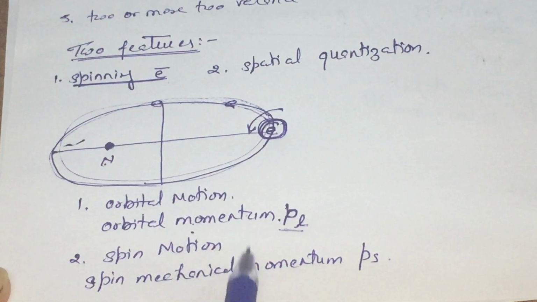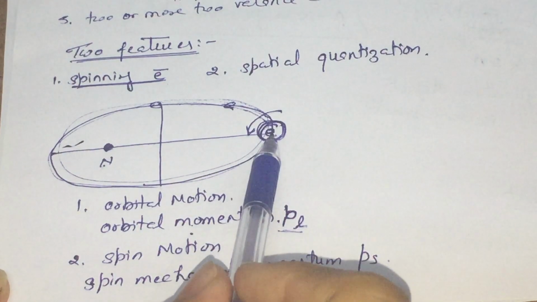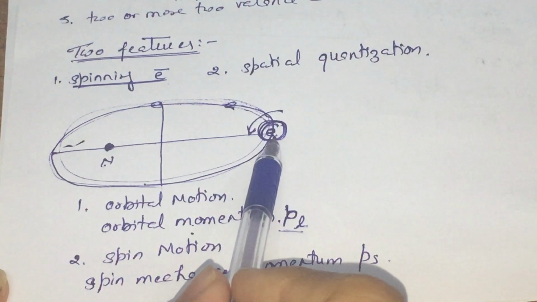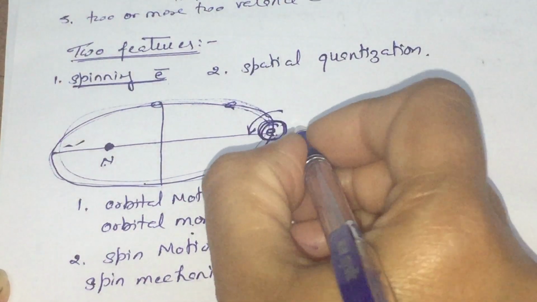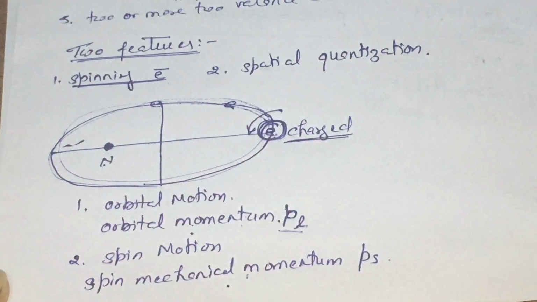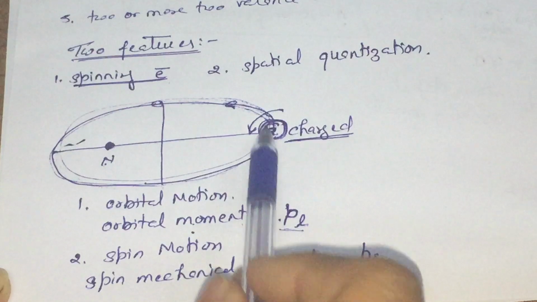These momenta would be the only ones possible if the electron were a neutral particle. But the electron is not neutral, it is a charged particle, and in both motions the electron is covering a whole loop.